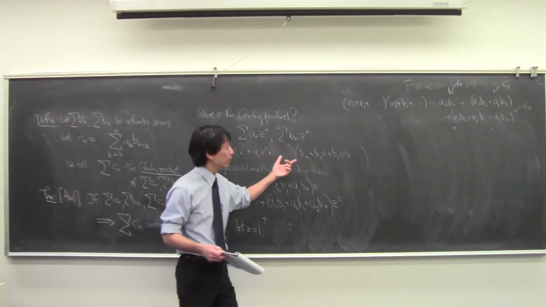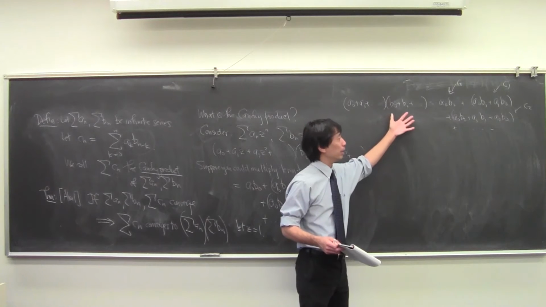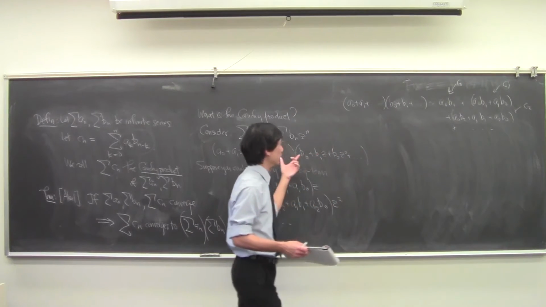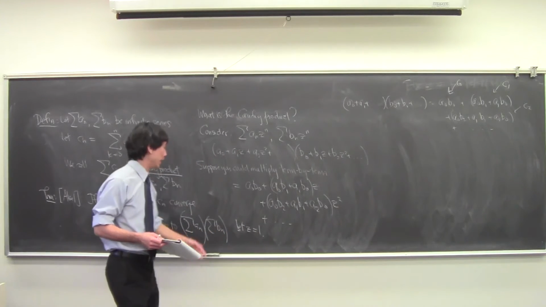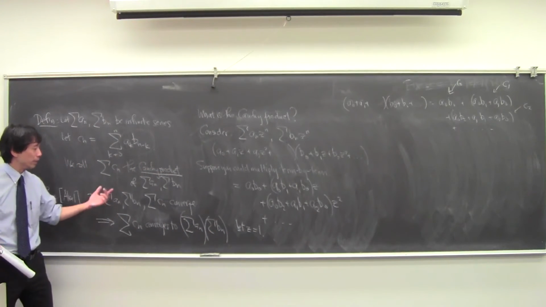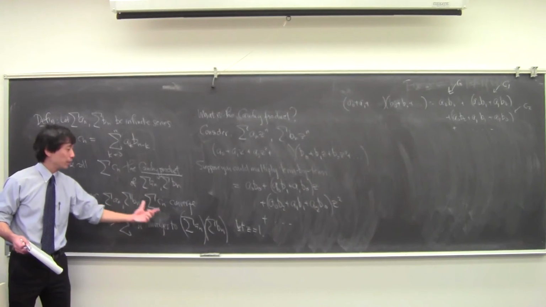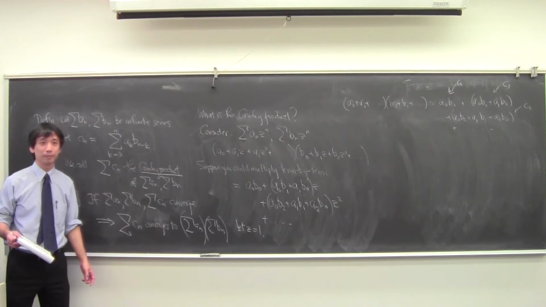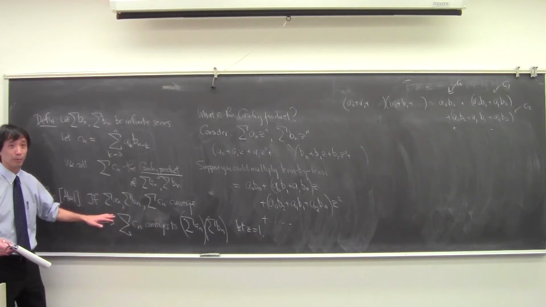So it's a valid guess as to what kind of sum will converge to the infinite product. And in fact, there's this theorem of Abel saying that if these converge and the Cauchy product converges, then the Cauchy product converges to the product. So it really is the right guess.